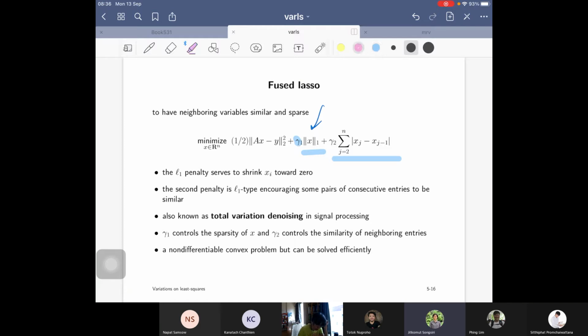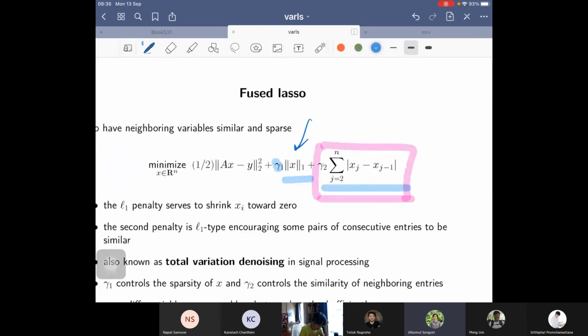Now let's take a look at the second term. If you have a vector x, x1 until xn, now you do a mapping. You transform x using an affine map in such a way that you take the difference between consecutive entries.